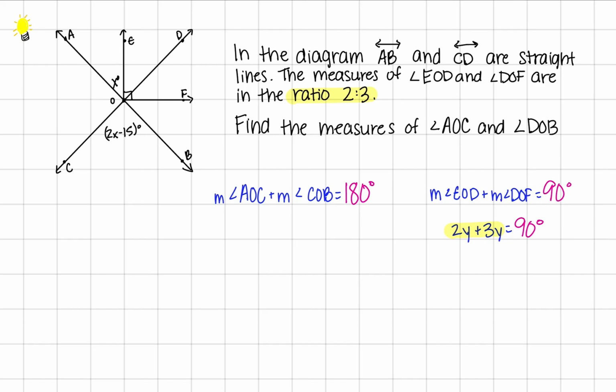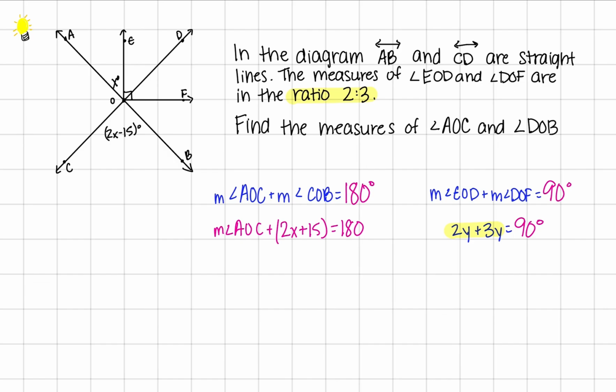Okay? So I'm going to plug in. I don't know what the measure of angle AOC is, but I know the measure of COB is 2x minus 15 equals 180. Oh, sorry, it's minus.